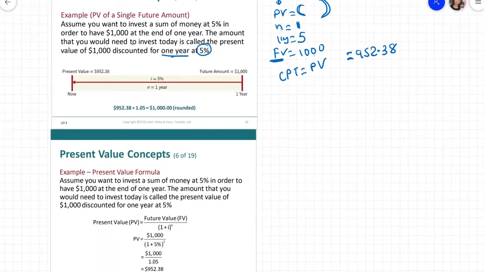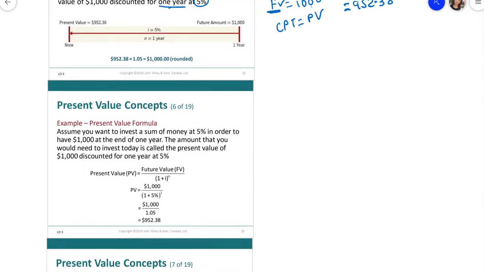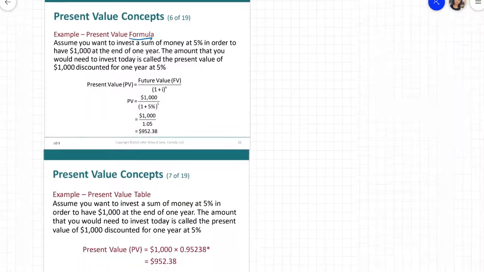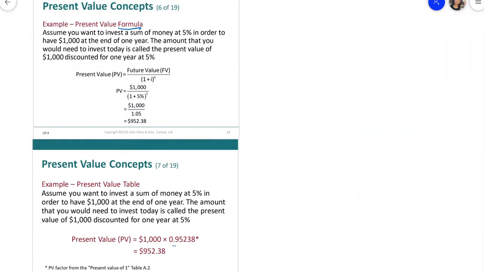So they showed you how to do it using a formula, which you could learn if you want to, but we're not going to be using it. We're not going to be using the tables either. In tables, you look at the 5% and you look at 1 year, and these are the annuity tables. But we're not going to be using those tables.